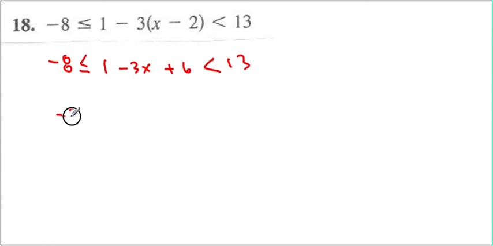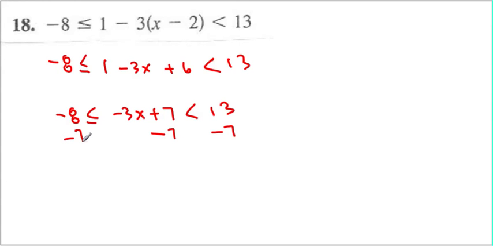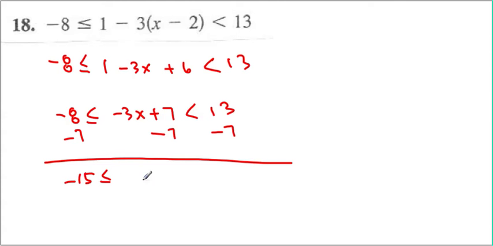When you combine them, we get -8, which is less than or equal to -3x plus 7, which is less than 13. Just like before, when you subtract 7 from all 3 sides, we'll end up getting -15, which is less than or equal to -3x, which is less than 6.